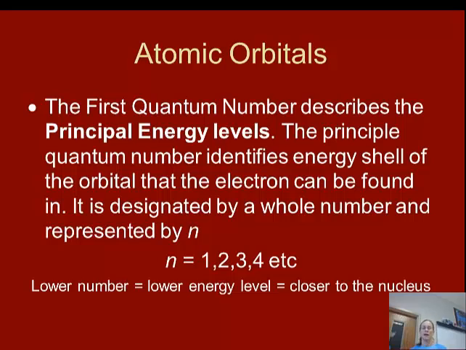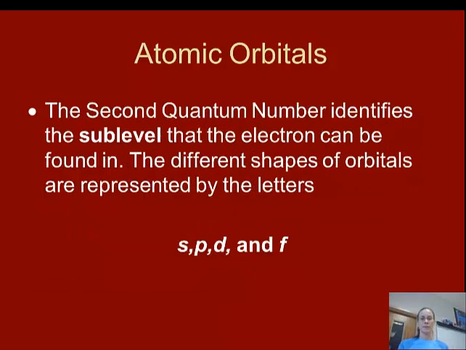So the first quantum number describes this principal energy level, and hopefully you're starting to realize that each of these numbers corresponds to a particular period in the periodic table, and we'll explore that in a little more detail later.